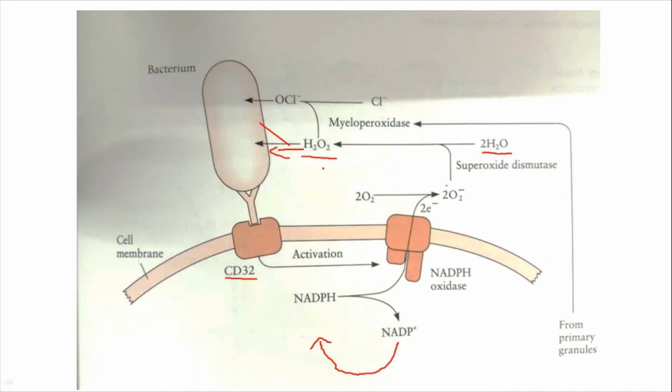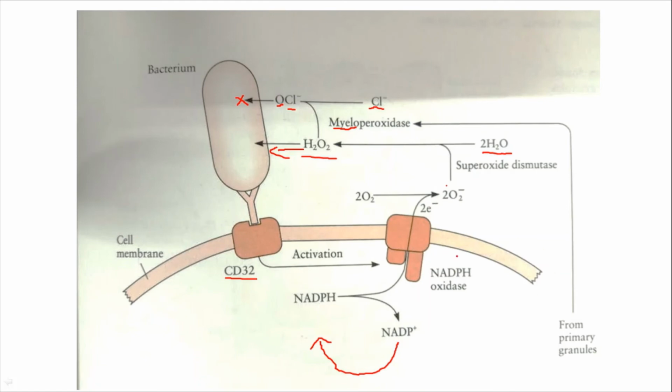Then the hydrogen peroxide becomes highly unstable due to the myeloperoxidase enzyme, which catalyzes the formation of OCl minus with the chloride ion in the cytoplasm. When the chloride ion joins with oxygen, it forms hypochlorite. The hypochlorite has efficient bactericidal activity and readily digests the antigen.